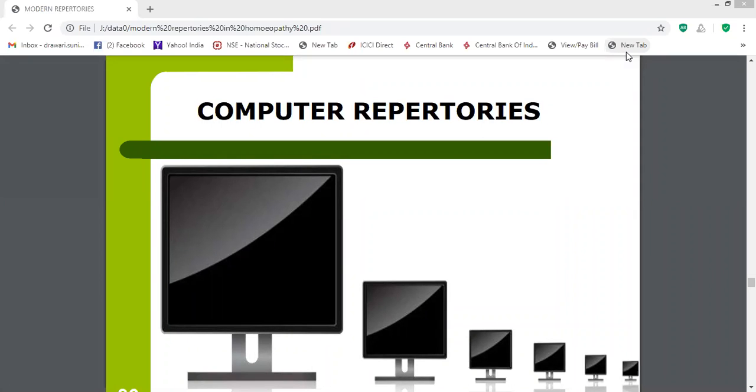So what is a computer repertory? What is first a computer? Computer is nothing but an instrument which is used for computing, for collecting information.